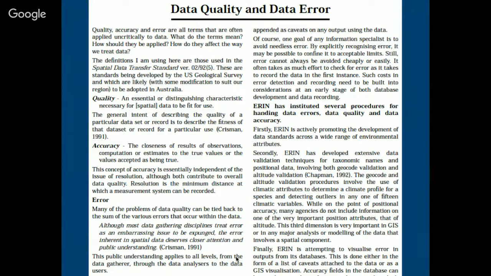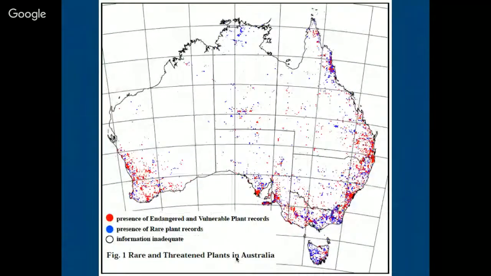So these are lessons from history. ERIN had nowhere near as much data as it has now in the form of the Atlas of Living Australia, but quite a bit of data. And so here you can see a map of endangered and vulnerable plant records and rare plant records, but also you can see big gaps in the information that were used to guide subsequent efforts.